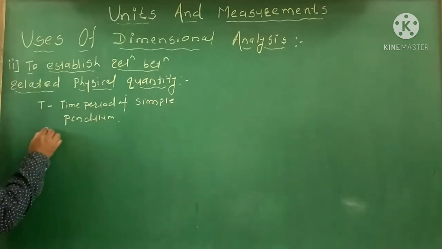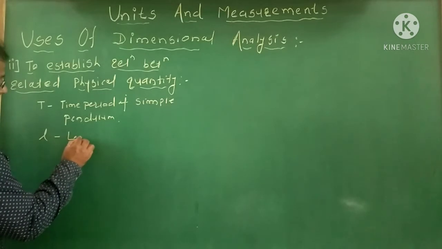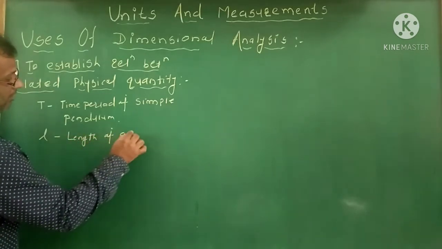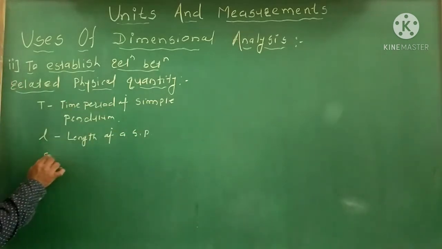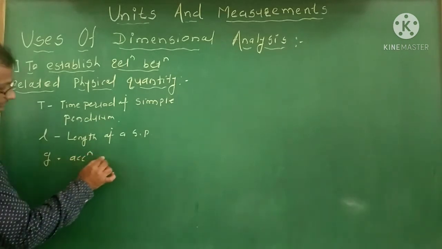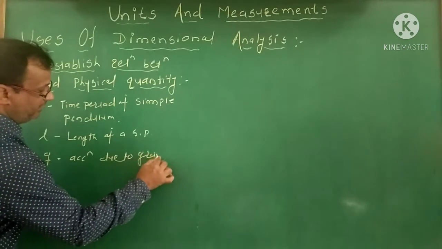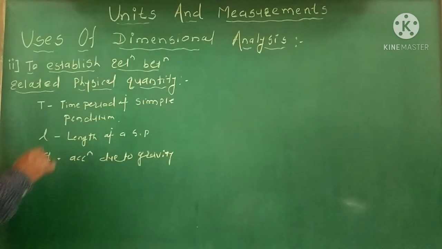Then L is the length of a simple pendulum, and the third one is G, that is acceleration due to gravity. So here we want to establish the relationship between these three physical quantities.